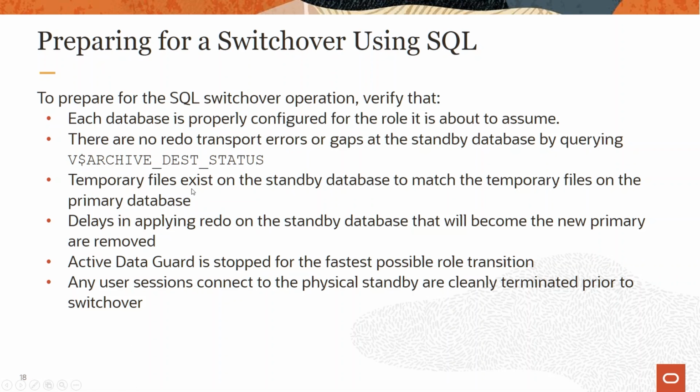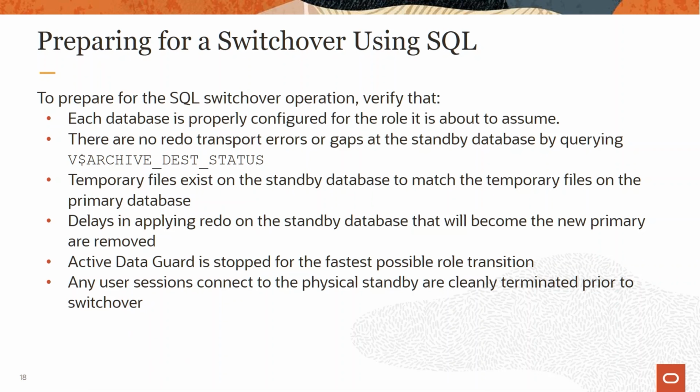And then make sure temporary files exist on the standby database to match the temporary files on the primary database, and that delays in applying redo on the standby database that will become the new primary database are removed. Makes sense? Active Data Guard is stopped for the fastest possible role transition. Any user sessions connected to the physical standby database are cleanly terminated prior to the switchover. But this is the default behavior, and we can control this behavior.